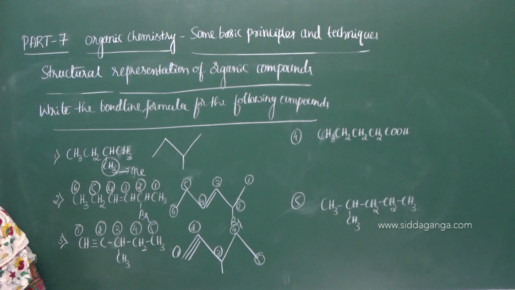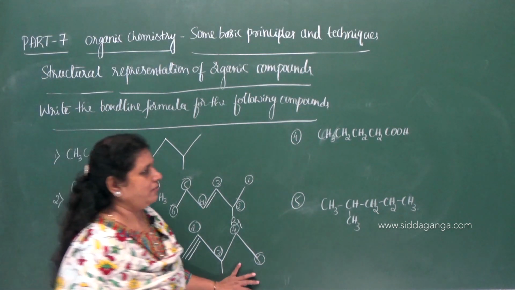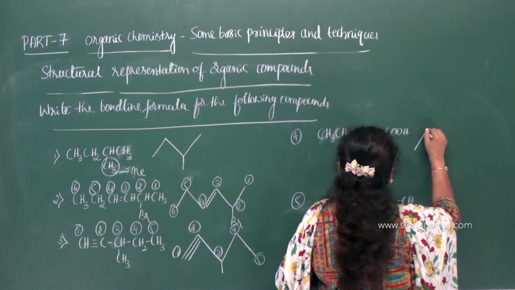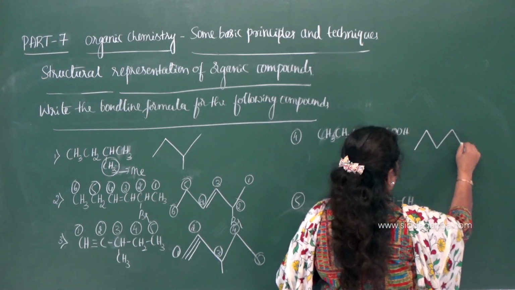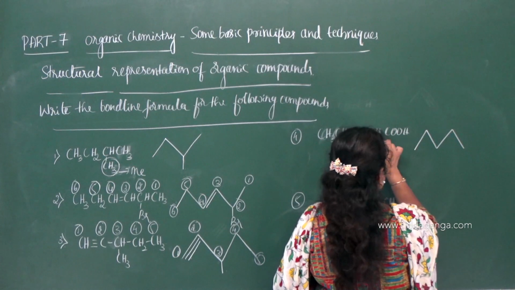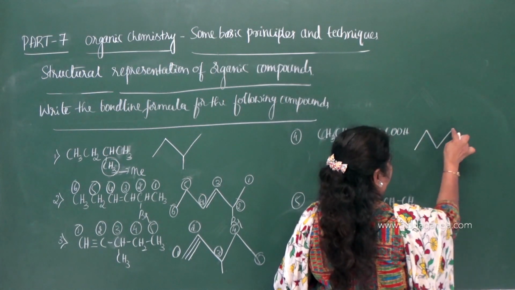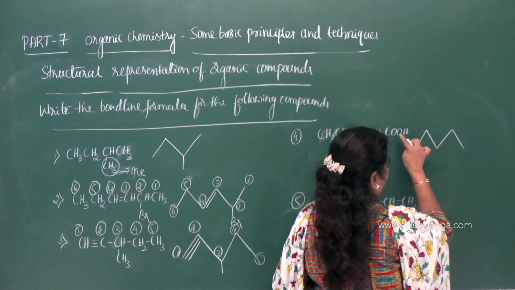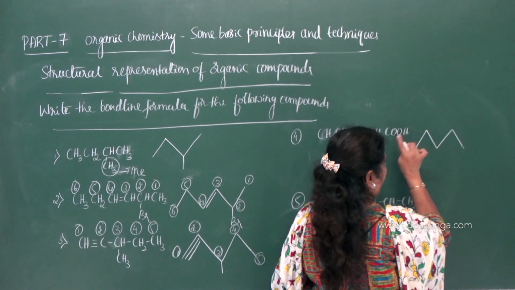And this is about the bond line formula for the third compound. Now move on to the fourth one here, that is 1, 2, 3, 4, 5. At the fifth carbon we have a functional group, that is C double bond OH.